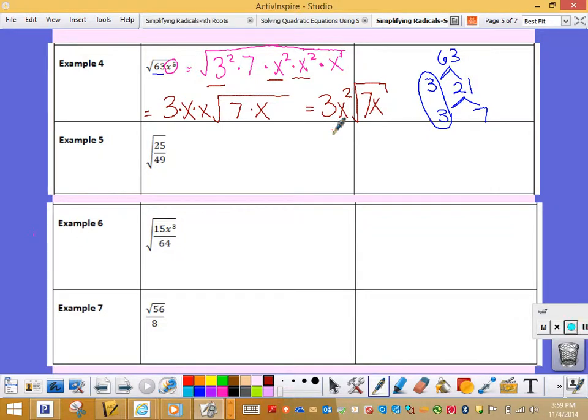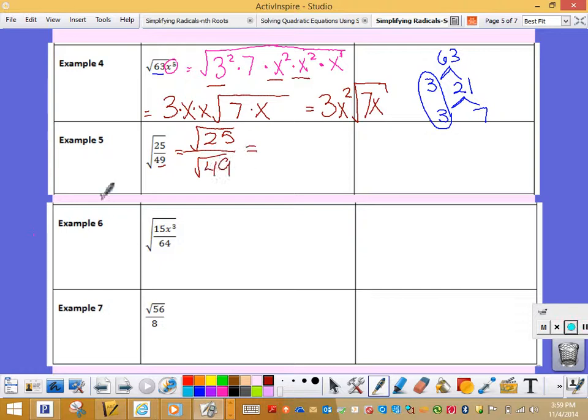Okay, so let's do example 5. This one's even a little bit different than the past ones because we have a big old fraction under our square root. But if we use our quotient property, we can break this up into 2 square roots divided by each other. So we can have the square root of 25 divided by the square root of 49.